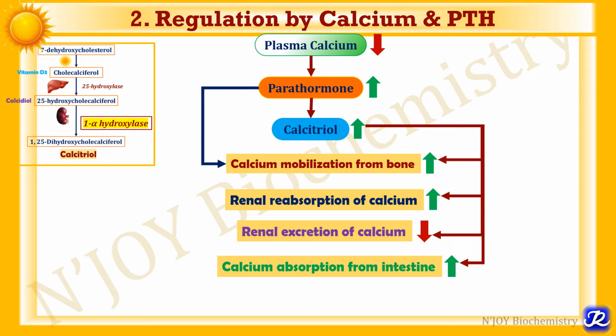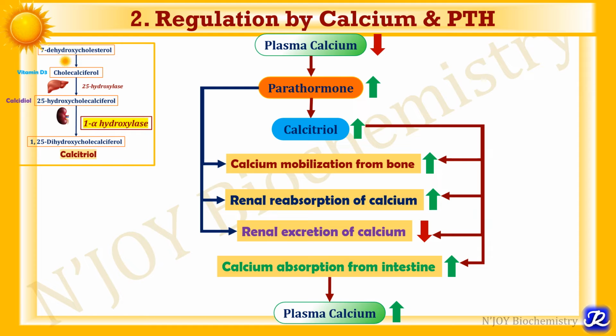Parathyroid hormone can also cause calcium mobilization from bone, it can cause renal reabsorption of calcium, and it can decrease the renal excretion of calcium, and the ultimate effect is increased plasma calcium.